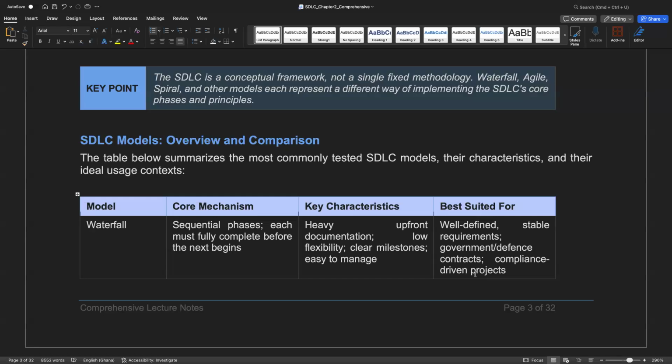So which means that you can't go back. And if you go back, you need to start from the beginning, because the phases are connected to each other. So they are used for complex systems or bigger applications.